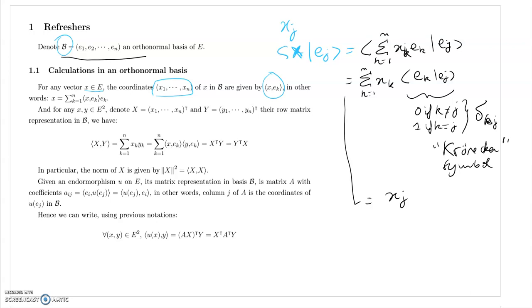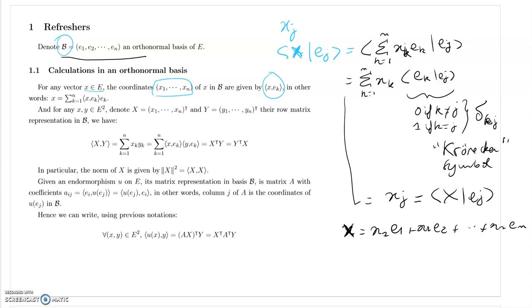And so xj is obtained as the inner product between x and the jth element of the basis. Also, the fact that x has those components in the basis e1 to en just means that x is equal to x1 times e1 plus x2 times e2 plus and so on up to xn times en.